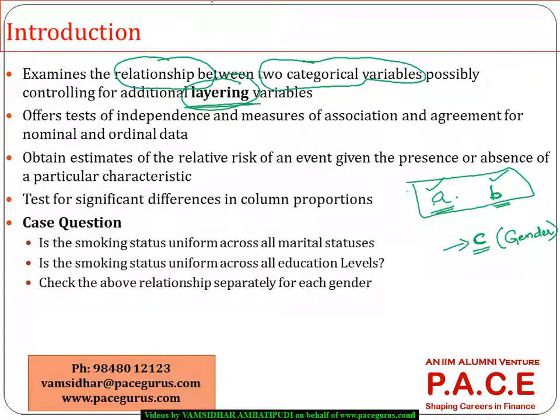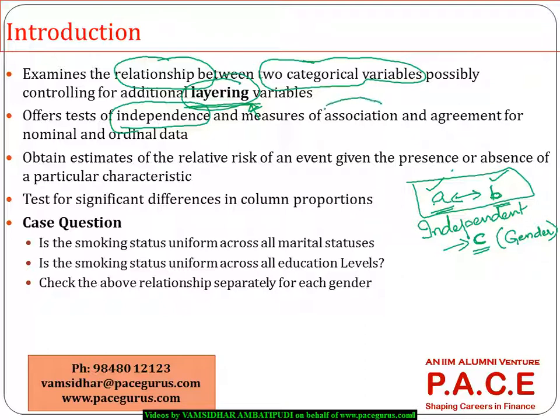In this chapter we would be dealing at length with this kind of scenario, and it even tests for independence. There is a statistical test which it offers, saying is there a statistical relationship between these two, or are they statistically independent?